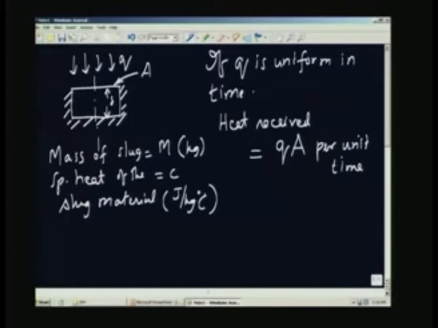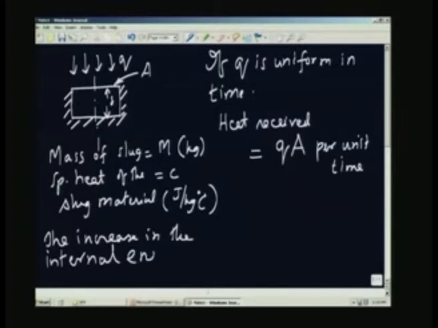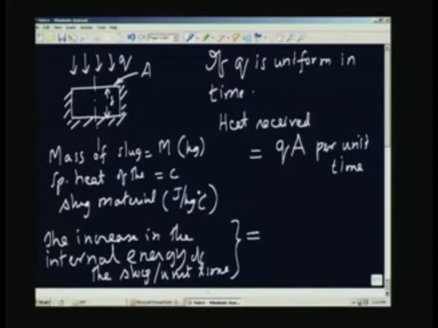So the increase in the enthalpy of the slug, or internal energy of the slug, for a solid material there is no difference, again per unit time, will be nothing but the rate of change of the internal energy. Assuming the mass and specific heat to be constant, m and C can be taken outside: mC dT by dt.